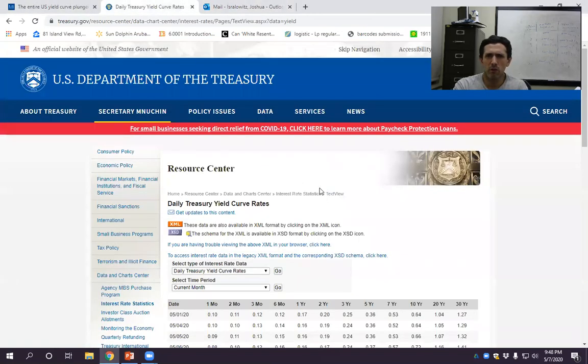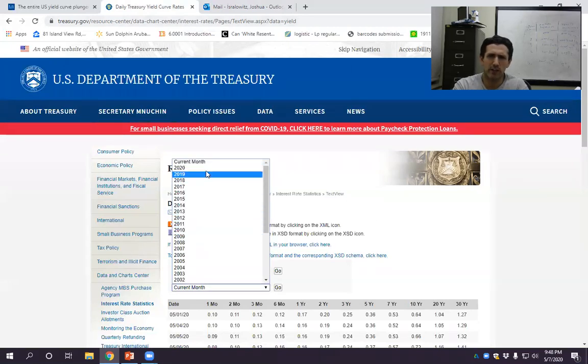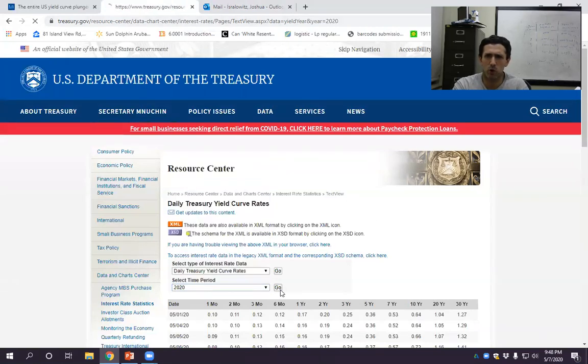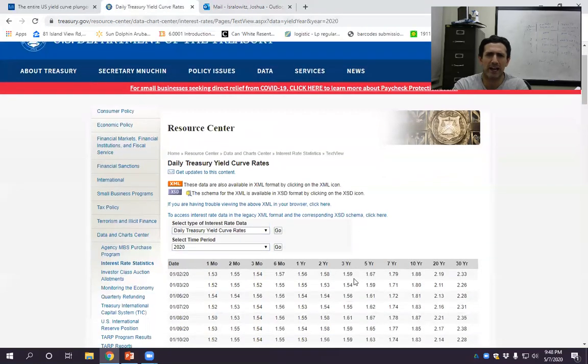So you can enter into Google or any search engine "U.S. Treasury yield curves," and you'll be able to access this. Let's first look at a very typical, normal-looking yield curve, and that was back in January.